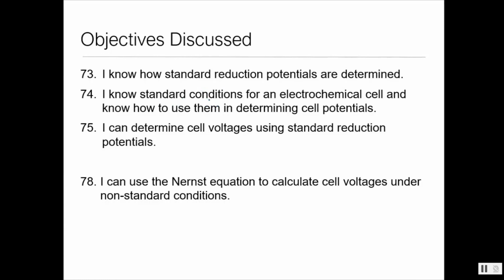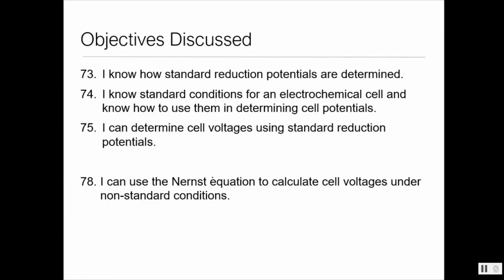You should know your standard conditions, 1 molar, 1 atmosphere, for electrochemical cells, and how you can use them to determine the cell potentials. You will be given, or you can look up, the standard reduction potential for our half reactions, and then take the difference between those reduction potentials to find your reduction potential under standard conditions for your cell, or E naught cell. And then that's determining the cell voltages using the standard reduction potentials.